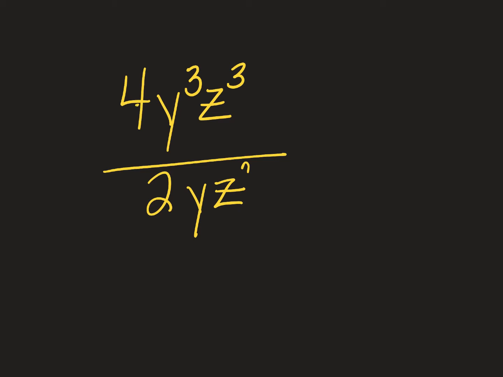So 4 divided by 2 is what? 2, okay? And technically you could put that 2 over 1, if you wanted to.